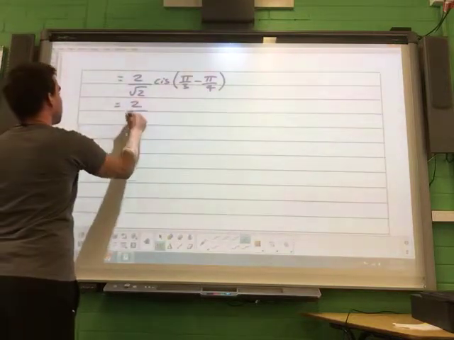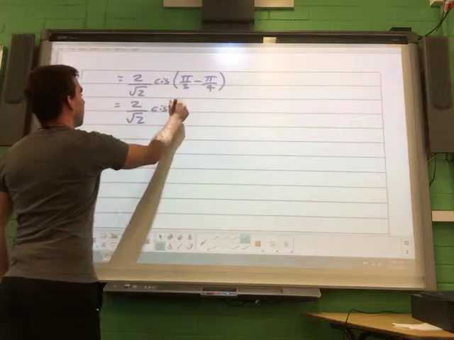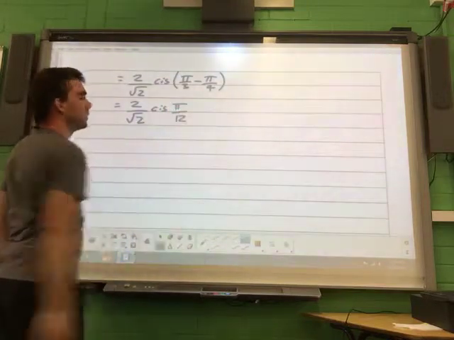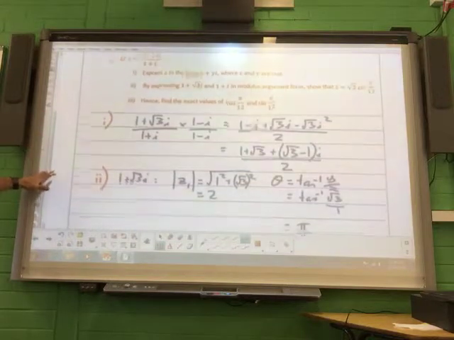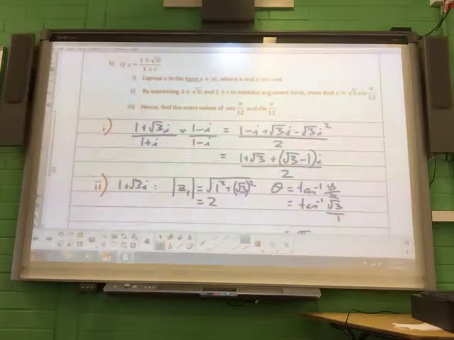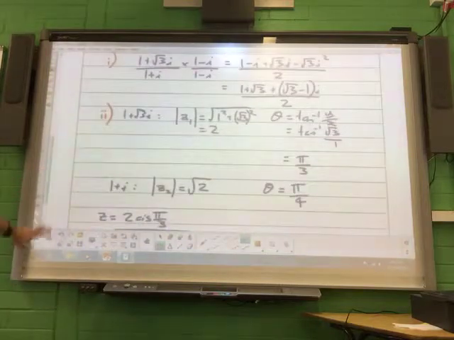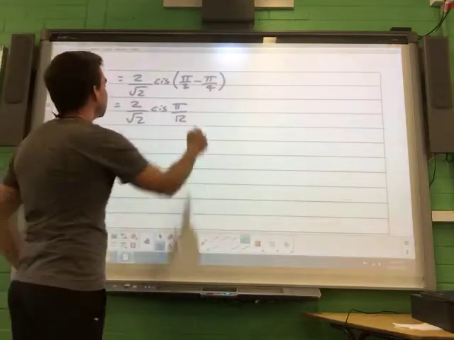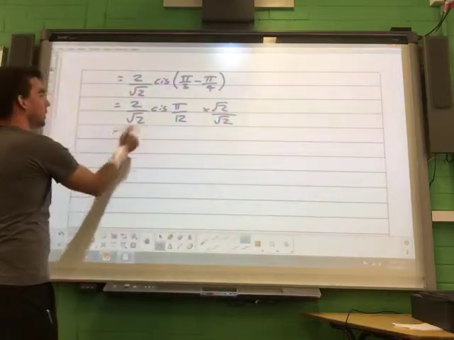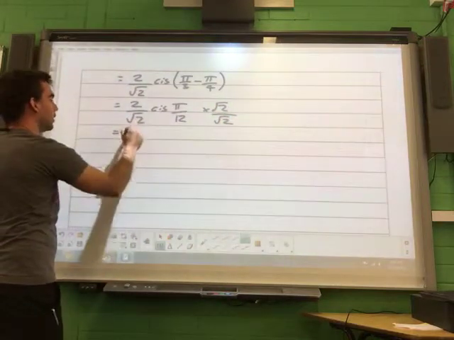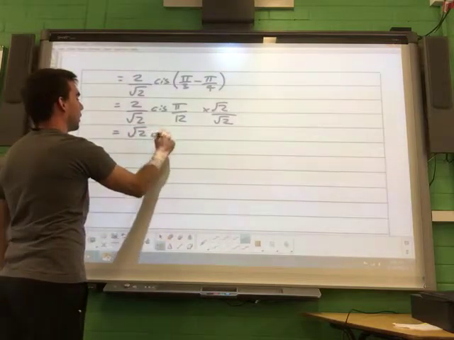So 2 on root 2 cis of pi on 12. Do we have the result we needed? Nope. So I'm going to times it by root 2, rationalise the denominator. So 2 root 2 over 2, and that's what gets me what I need.